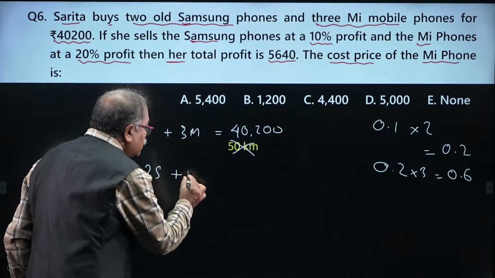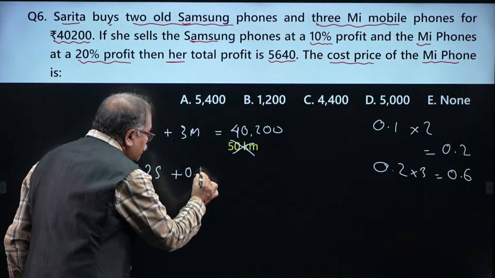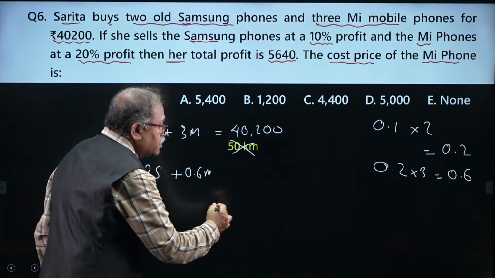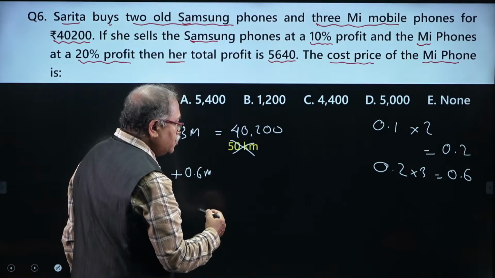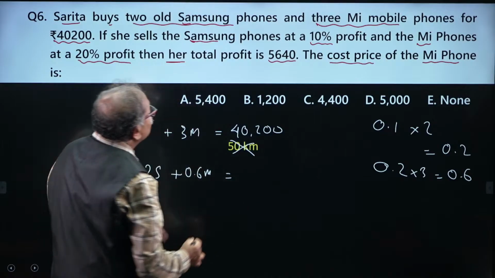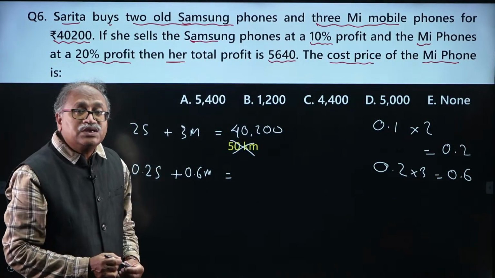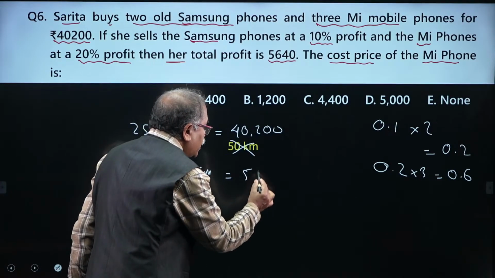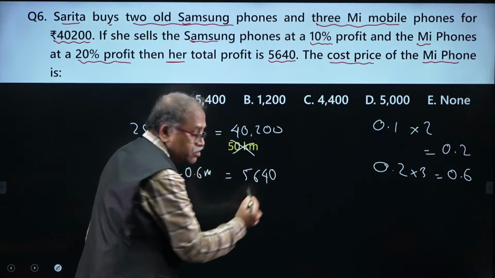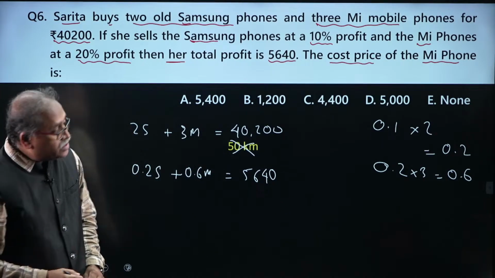So, here it is 0.6m, which is equal to what is the total profit? 5640. Let me see if anyone answered it.